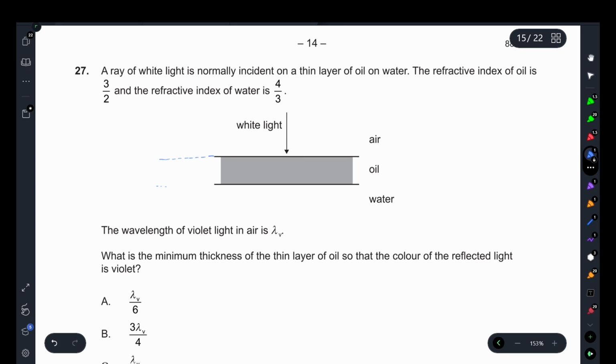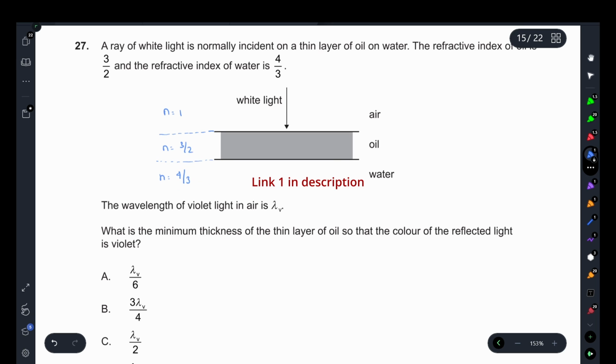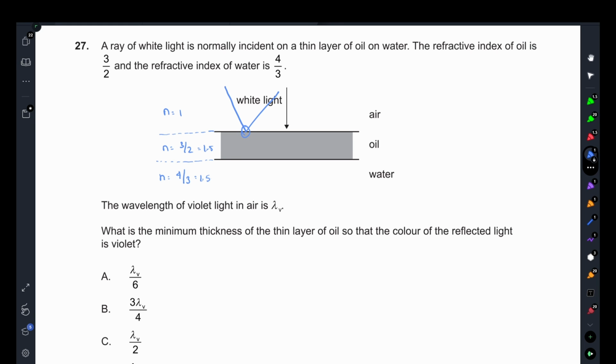So here what you're looking at is air, n is equal to 1, oil, n is equal to 3 by 2, and water, n is equal to 4 by 3. So if you think about it, when you move from a less dense to a more dense medium, you are going to have an inversion of your ray.